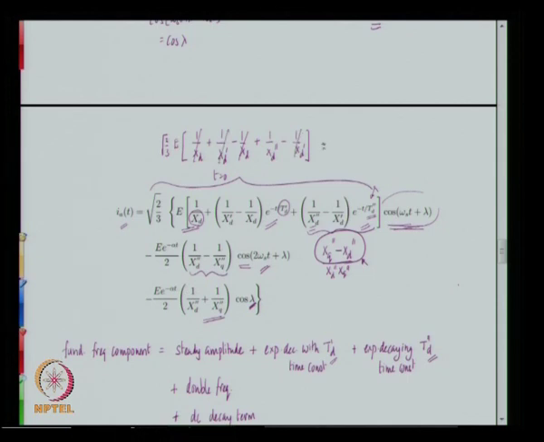So what you are left with is root of 2 by 3 into E by xd double dash. So we find that the initial value, the highest amplitude of the fundamental frequency decaying component, can be very high as compared to the final steady state value.